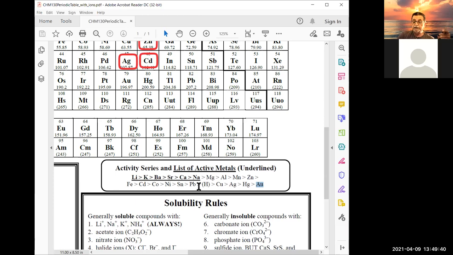Now, this activity series is relative to hydrogen, H2, and hydrogen could be in the form of either H2, the element, or water. The way this works is, first of all, the metals in bold and underlined are extremely reactive. You simply have to place them in water and boom, they react. Normally we have to keep them under oil to keep them from reacting.